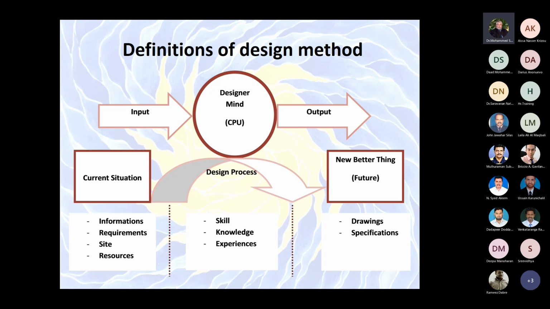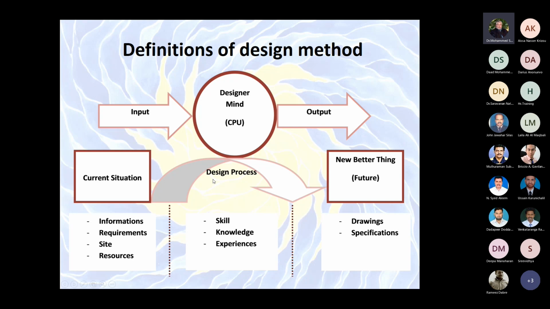And can we explain it? First, we can see here the input which is related to the current situation, which means the information, requirements, site, and resources. And here in the middle, we have the designer's mind. The designer's mind, we can see it similar to the computer's central processing unit.